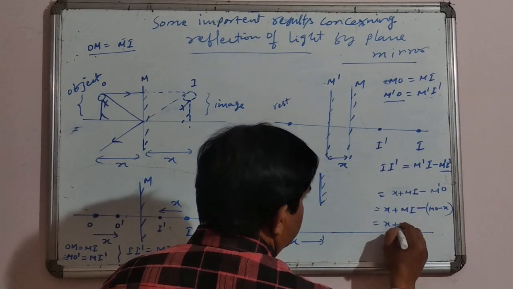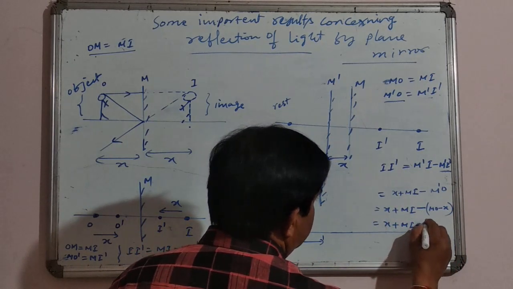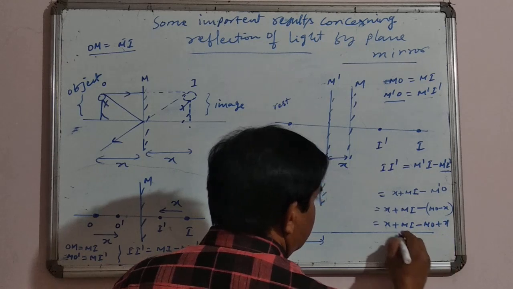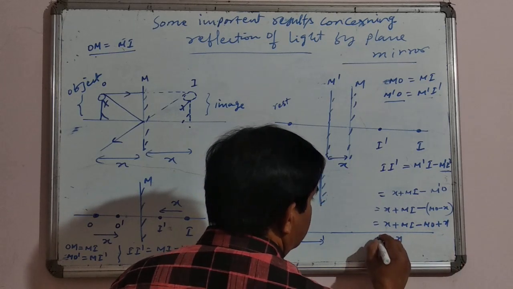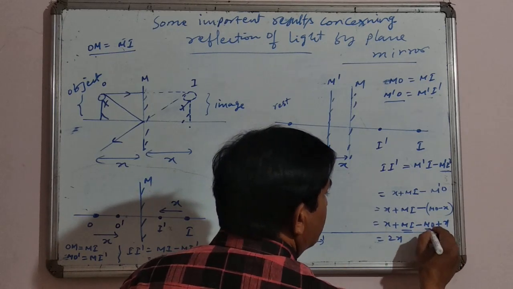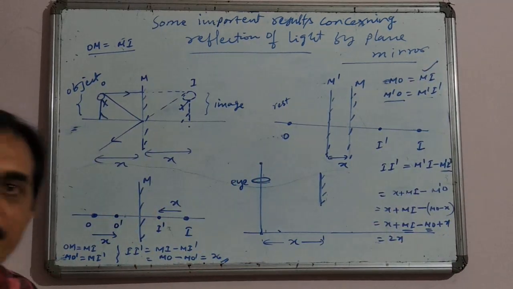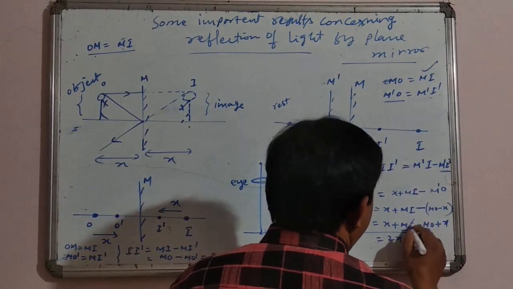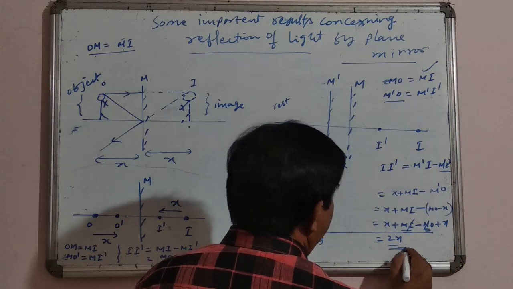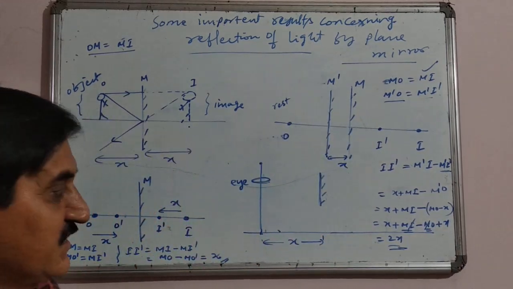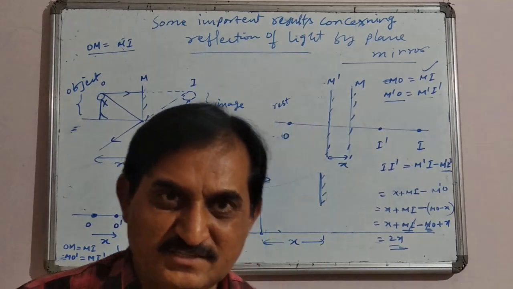Therefore x plus MI minus MO plus x, and here MI is equal to MO from the fundamental relation. Therefore these two get cancelled and finally give 2x. So the result is that the shifting of the image is 2x.